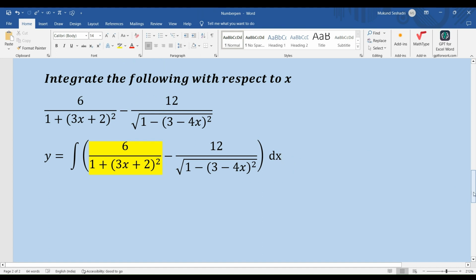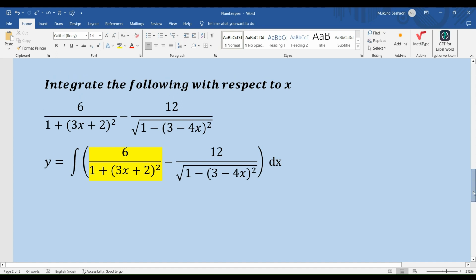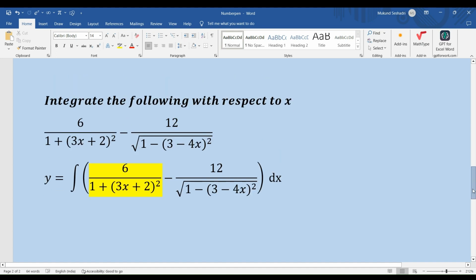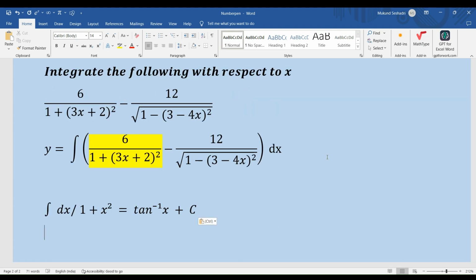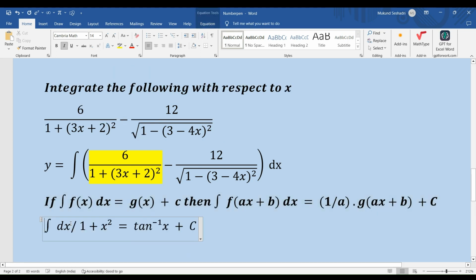One is integral of dx divided by 1 plus x square, and I know what that is, so I'm going to write that down. That's tan inverse of x plus c. And then if I draw a parallel to what I've highlighted in yellow, in place of x, I have a function 3x plus 2, which means I will have to draw a parallel to the rule. So this is the one, right?